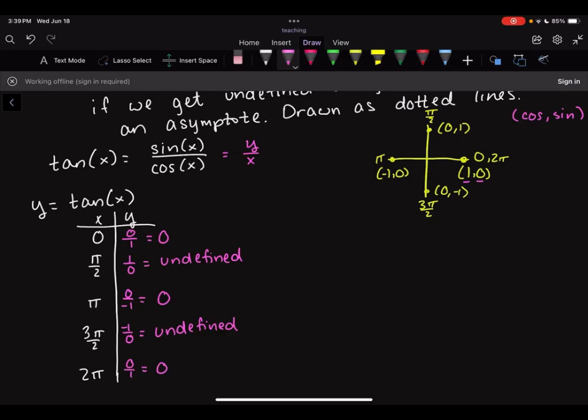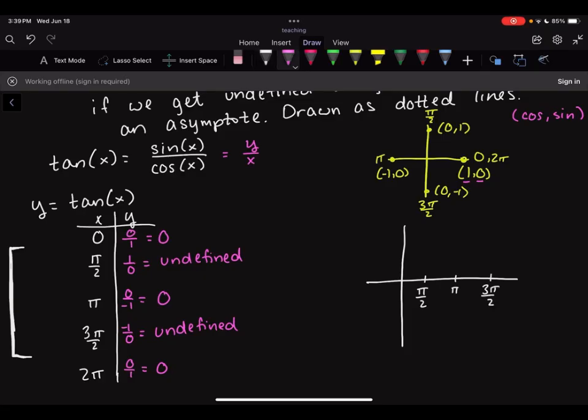Now, tangent is actually a pretty interesting case. We are only going to look between asymptotes. So what we will find is that we are only going to use these points right here to help us graph. Now, if I graph this as it is right now, I've got pi over 2, pi, 3 pi over 2.